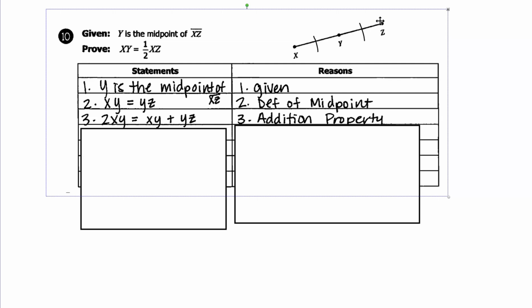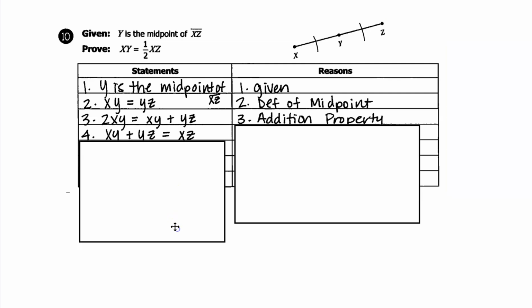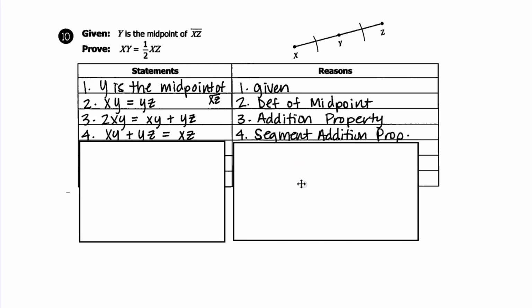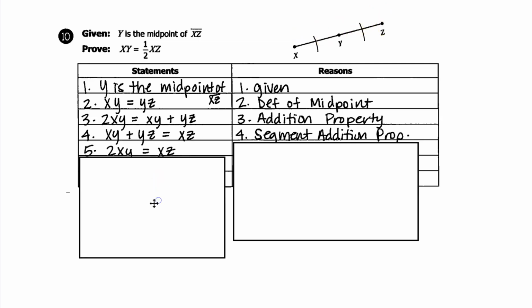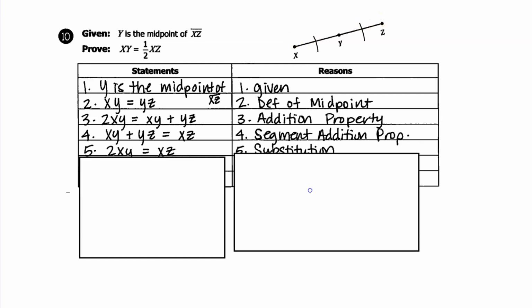All right, next thing we have is XY plus YZ equals XZ. That is your segment addition postulate, right? XY plus YZ equals XZ. Next, we know that 2 XYs equal XZ, right? That's just substituting, right?